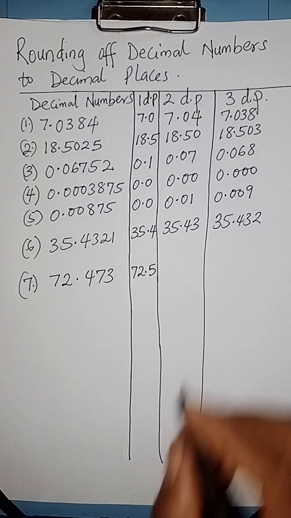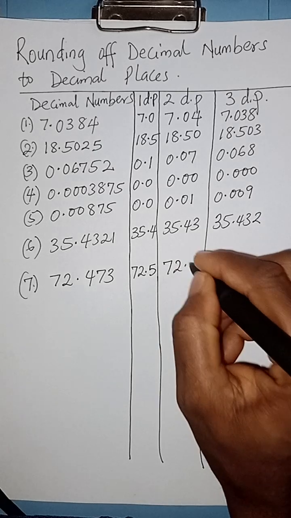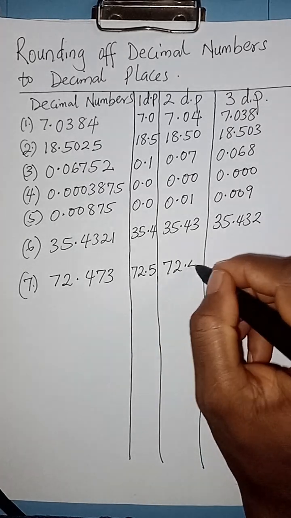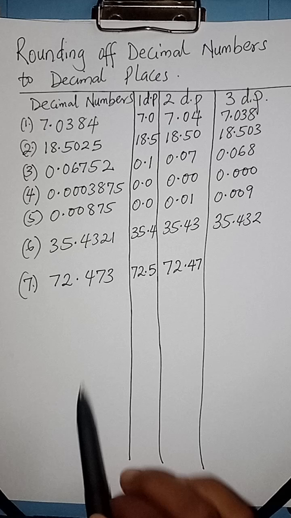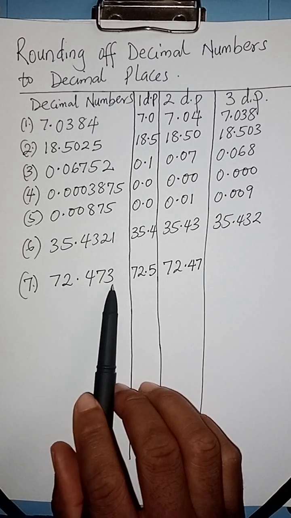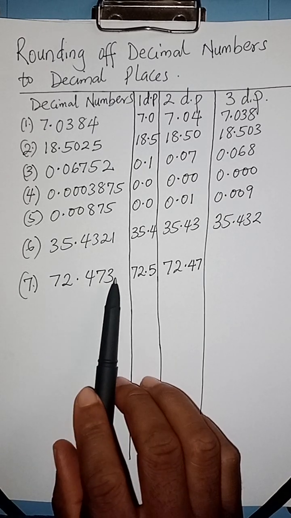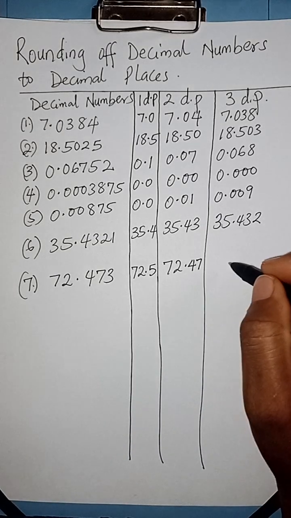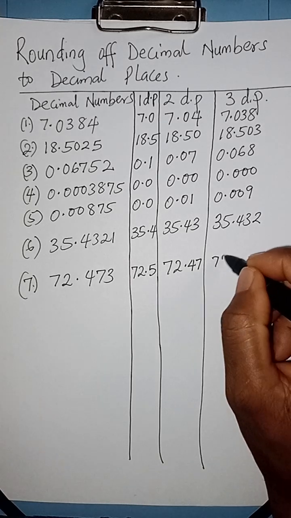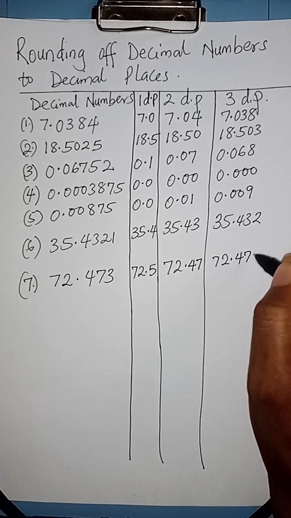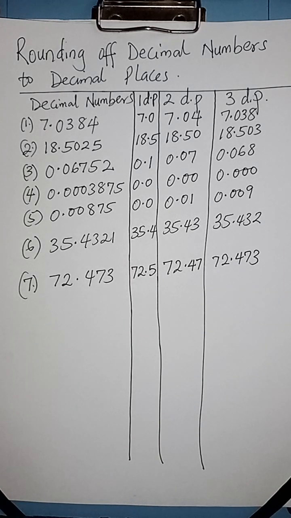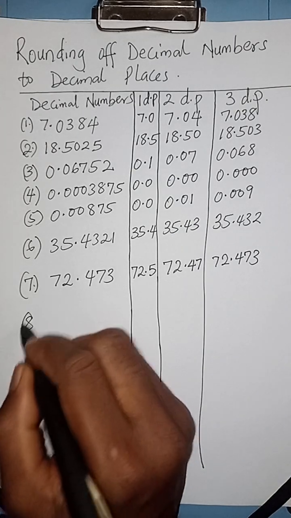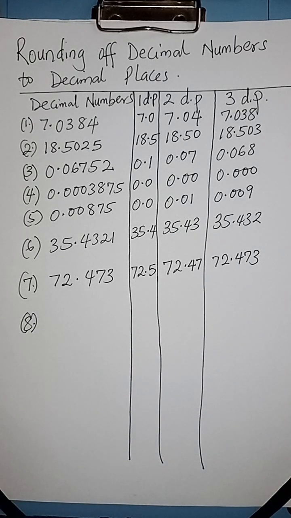To two decimal places will be 72 point... Did you say 47? You're correct. Because after 7, the digit is 3, so you cannot round up. Rather, you round down. And to three decimal places, your answer will remain the same, 72.473, because the question is already to three decimal places.